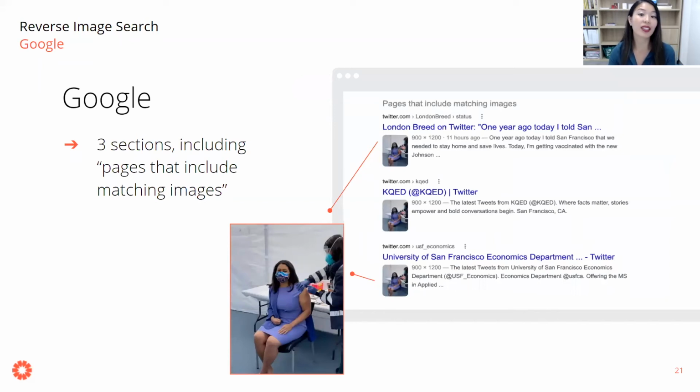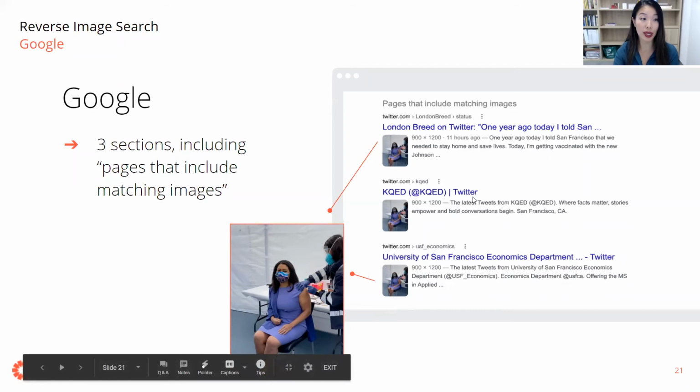So this last section is very helpful because it allows you to see if a photo has been used in other articles or social posts, which helps to understand the context, right? This example here shows San Francisco's mayor, London Breed, getting the vaccine. And if you run a reverse image search on Google, you can see that the photo was used in all these different tweets that were not from her.